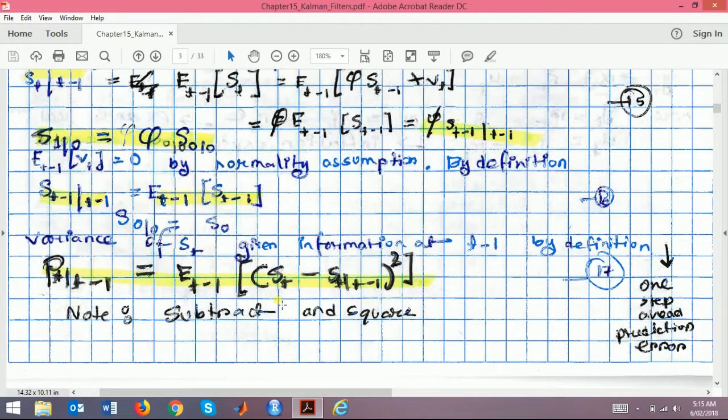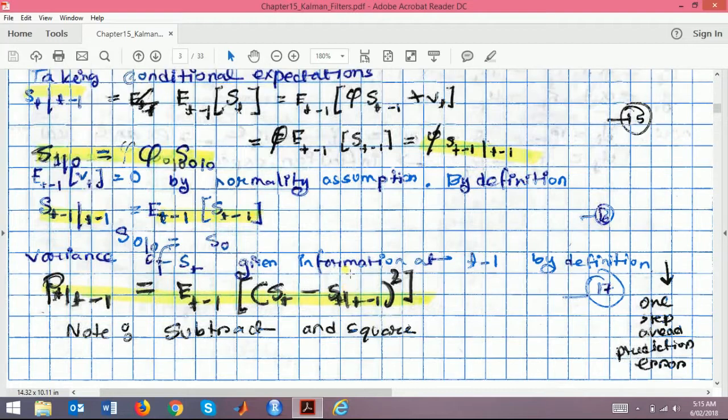The variance of st given information at time t minus 1 is by definition presented with capital P, Pt, conditional on time t minus 1. It is taking the last period's expectation, which is simply the difference between current st minus st conditional on t minus 1.